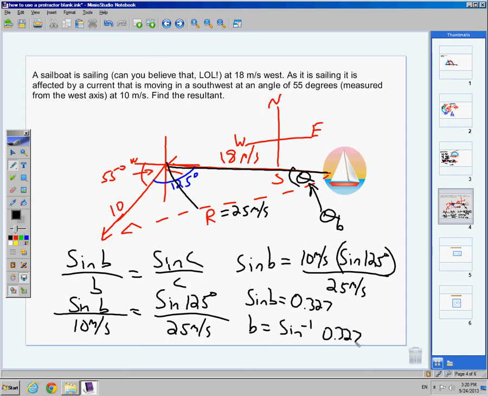And I get an answer of 19 degrees. Okay, B equals 19 degrees. And that makes sense. It's a small angle. Again, my diagram is not drawn to scale.